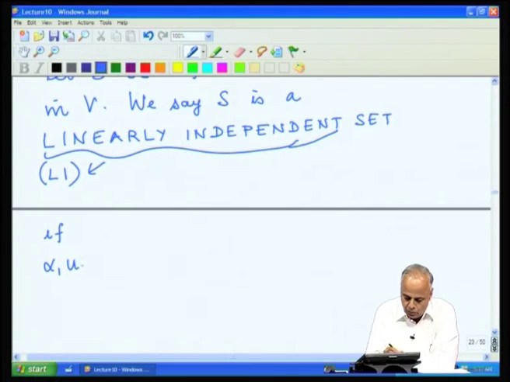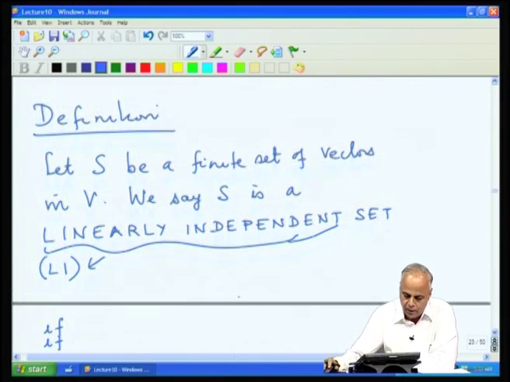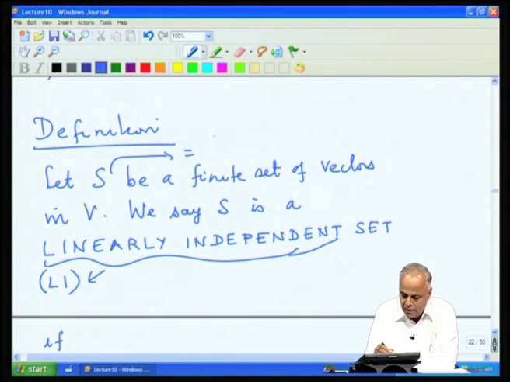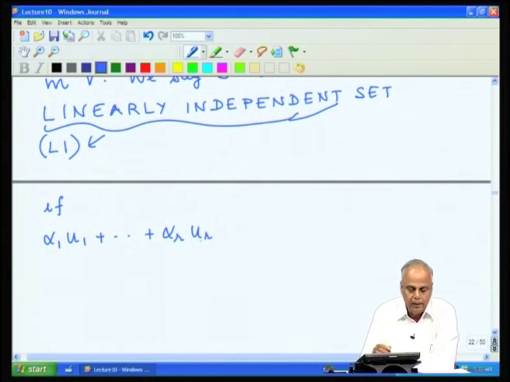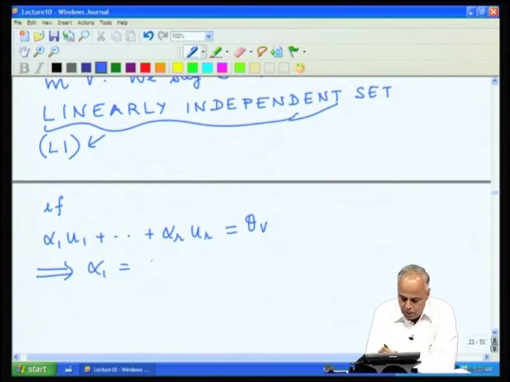Alpha 1 U1 plus ... plus alpha r U r, where S is that set. Let us say S is the set U1, U2, ..., U r. Then we say it is linearly independent if only the trivial combination gives the 0 vector. That means, if it is equal to the 0 vector, this must imply all the coefficients must be equal to 0.